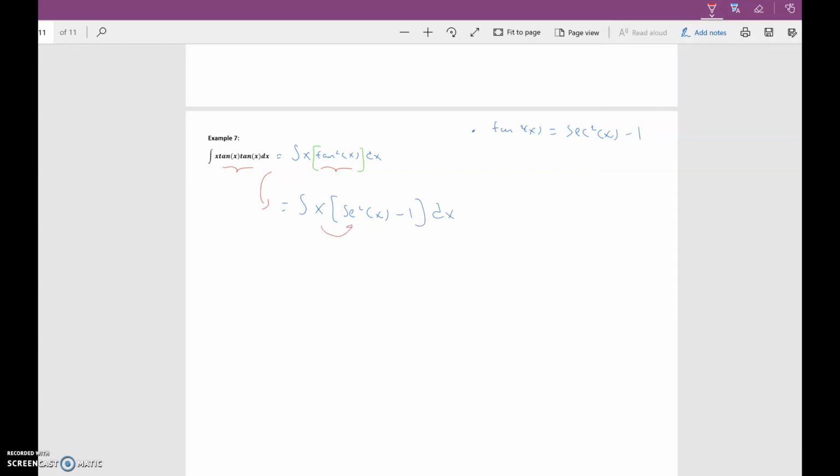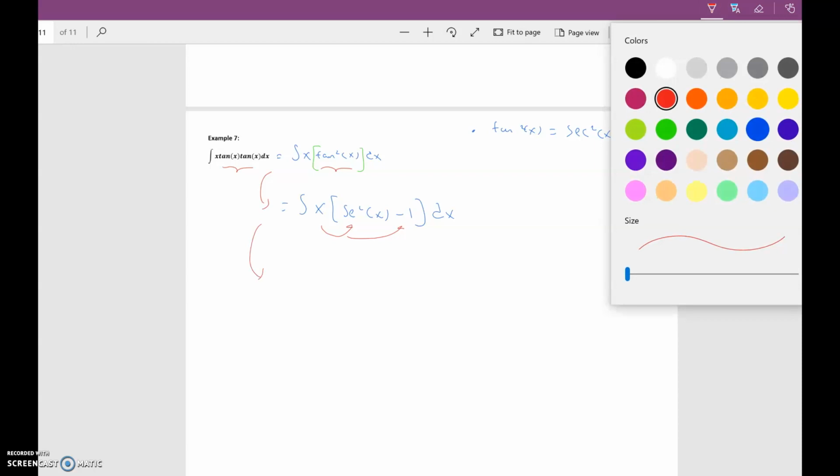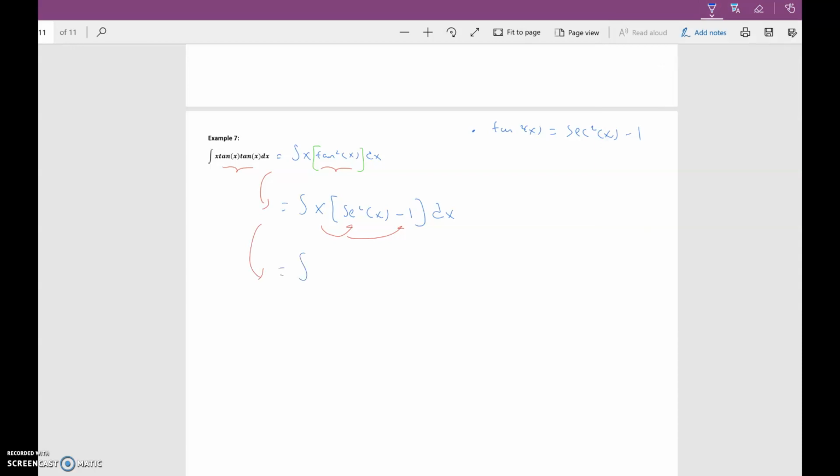Now, this actually causes a minor inconvenience, and that is the way that we're expressing the integral. Because now you technically have x secant squared of x minus x dx.